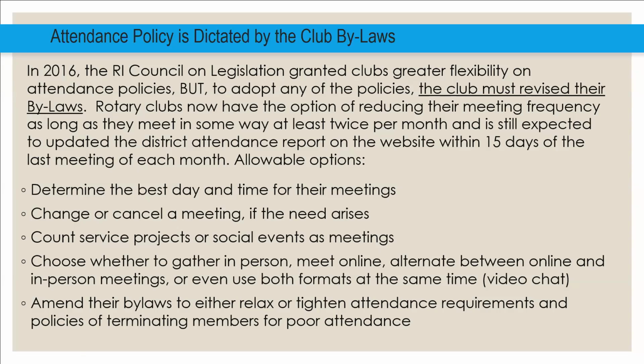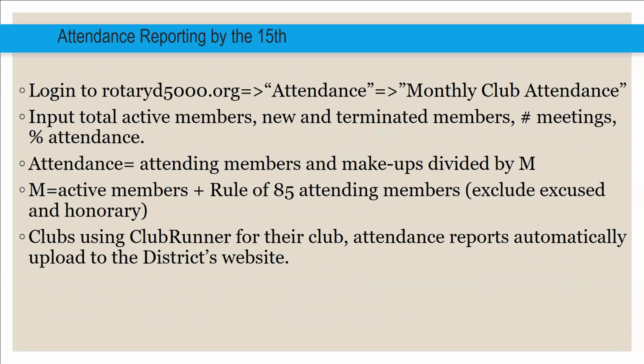So it's by your bylaws on what your rules are. So if you're doing 3 weeks a month, then that's what your bylaws would say. So Rotary International has been very flexible on meeting dates and allowing options. There was a change from the Council on Legislation on makeups. Before, you had to do it within 2 weeks of the missed meeting, right?